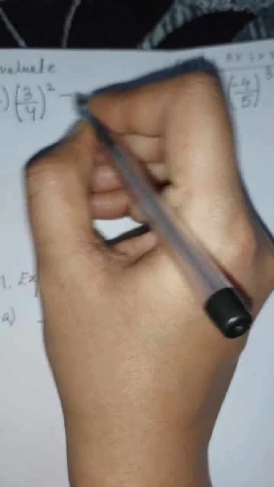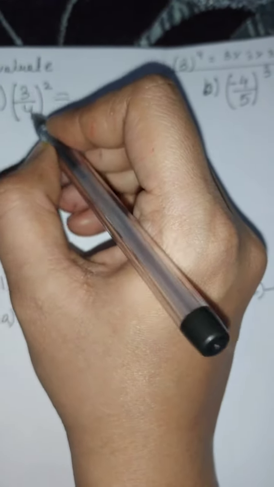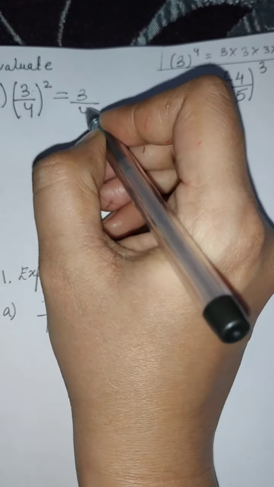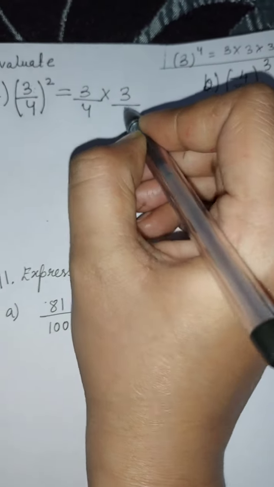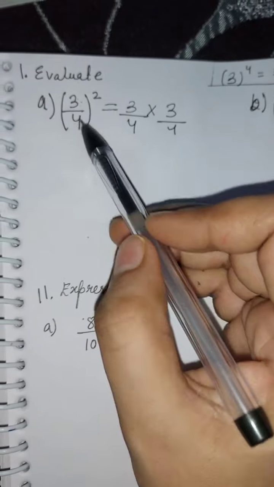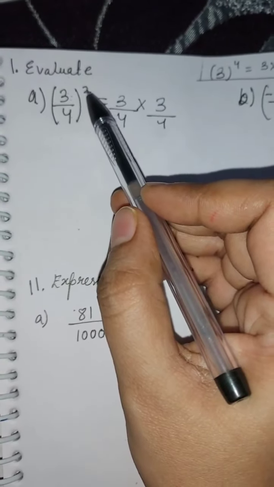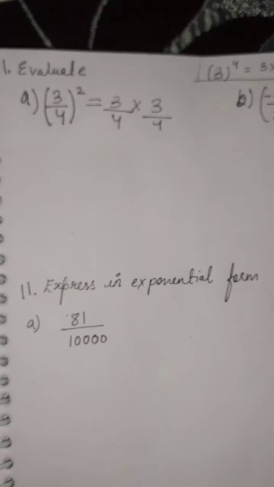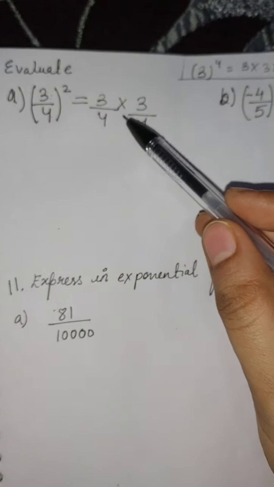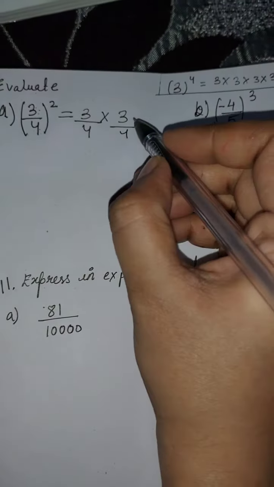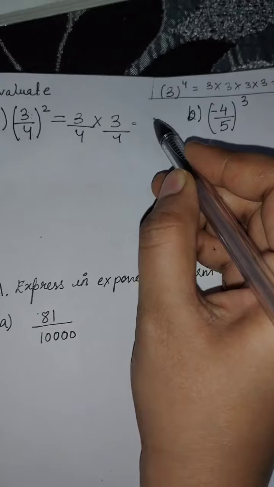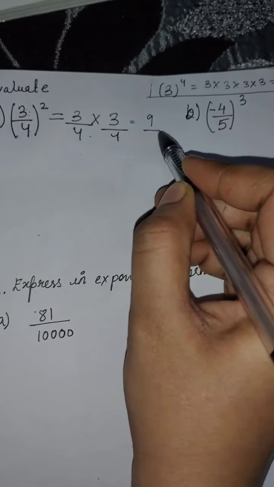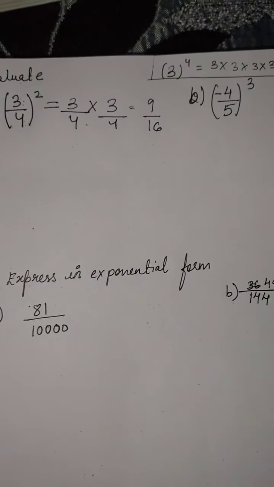So we will write this fraction twice, because they are saying multiply this fraction by itself. So 3/4 into 3/4, and the answer will be 3 into 3 is 9 and 4 into 4 is 16. So this is the answer.